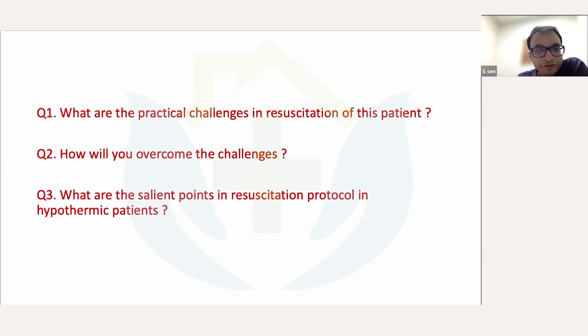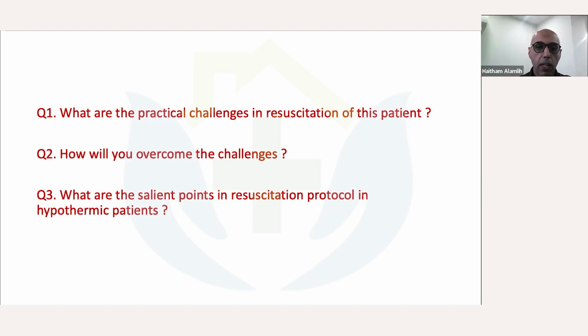What are the salient points of the resuscitation protocol in hypothermic patients? You have covered it to some extent. Do you want to emphasize certain other facts regarding the hypothermia resuscitation protocol, the ACLS protocol? Yes, we can use a modified ACLS protocol in the hypothermic patient, as we have to continue chest compressions for sure until we have rewarmed the patient.